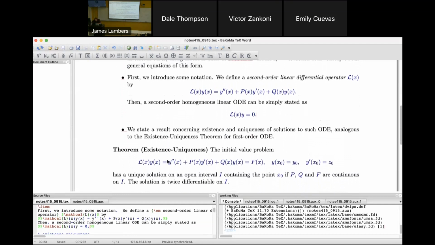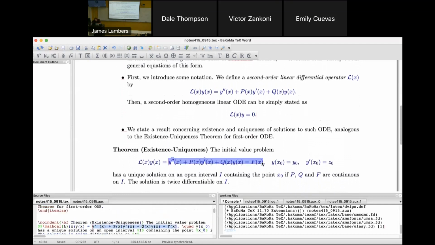If we have an ODE in this form, now this one's not homogeneous, we can have a function capital F of x on the right side if you like. And then two initial conditions because it's second order.